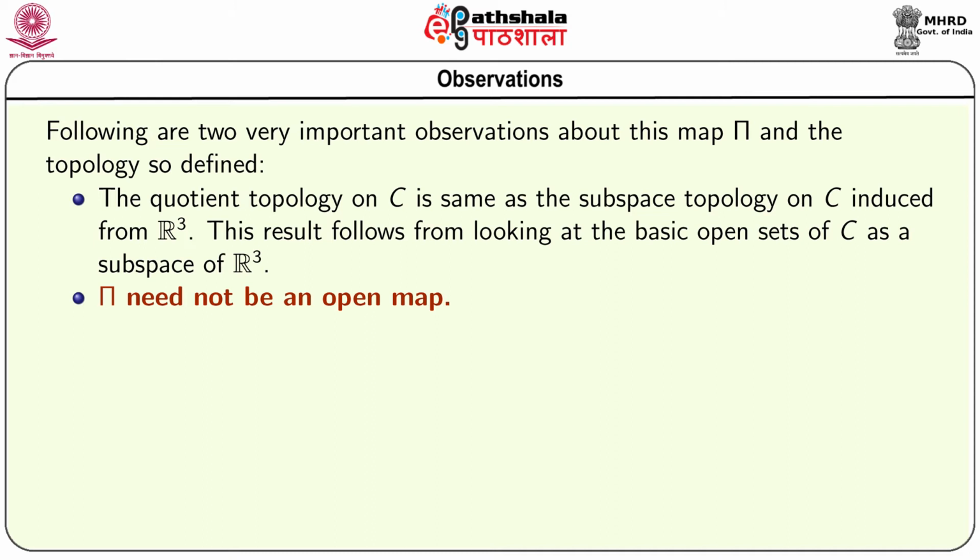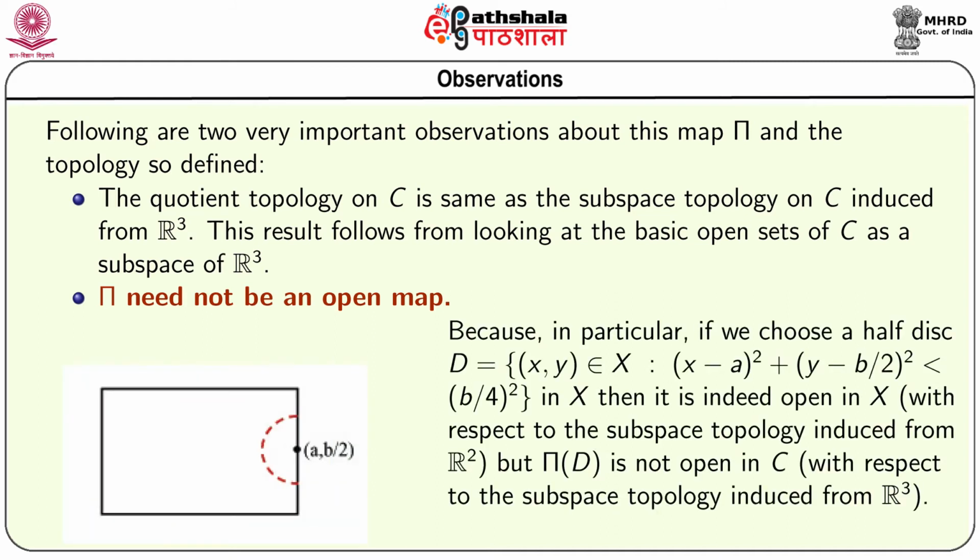We observed that the function pi was defined from X to C, and the topology was such that it takes precisely the open sets of C back to the open sets of X. That means that it cannot pull back any other set to an open set of X, but that does not mean that it will take an open set to an open set of C.